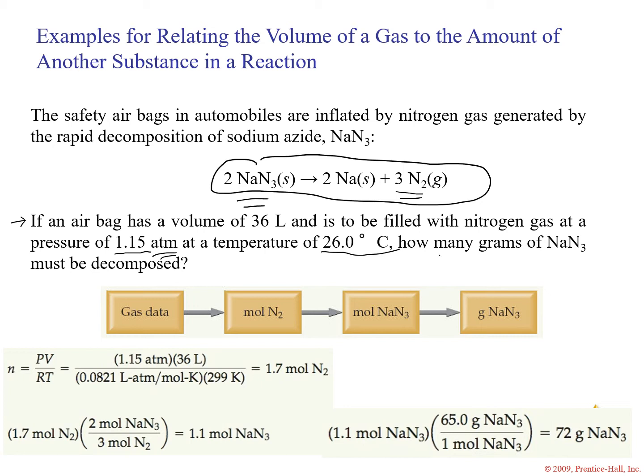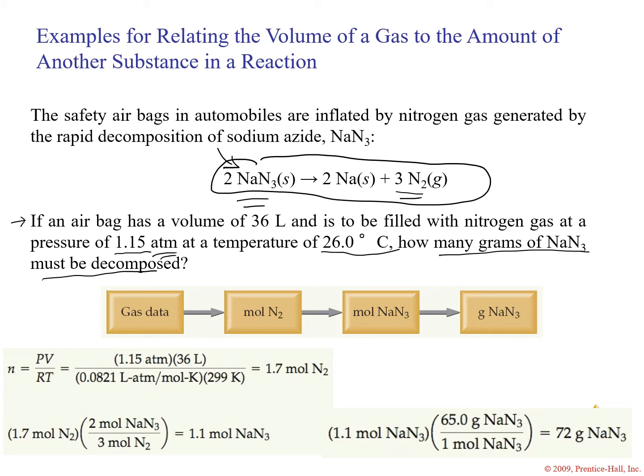The question is, how many grams of the reactant in this reaction must be used to produce enough of the nitrogen gas to have this specific volume, this pressure at this temperature.